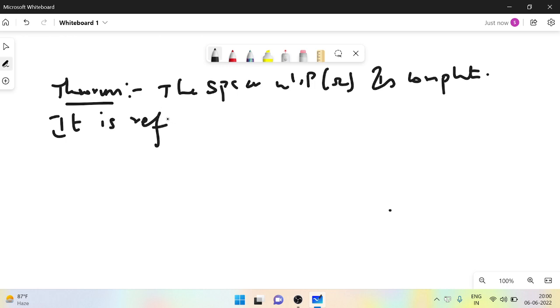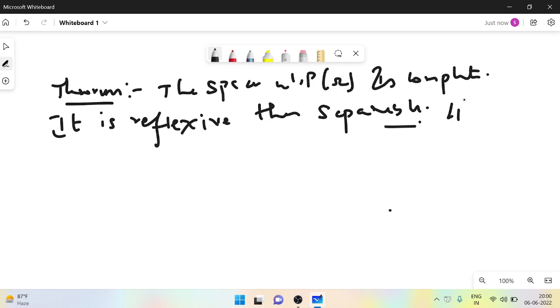If the space W^{1,p} is complete and reflexive, then it is separable, meaning it has an approximating basis. In particular, H1 of omega is a Hilbert space. Okay, this is a theorem.